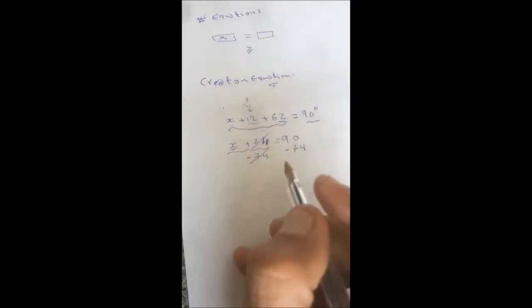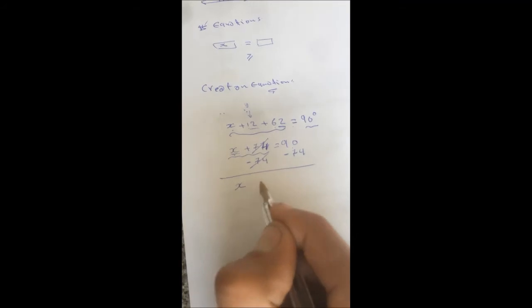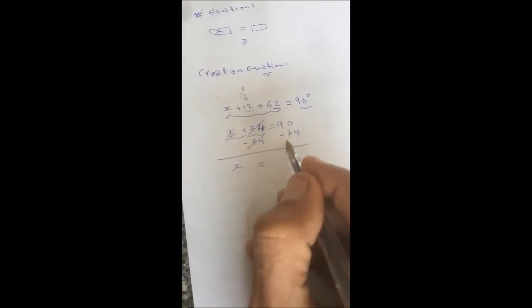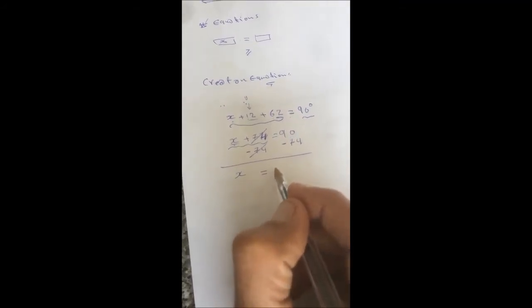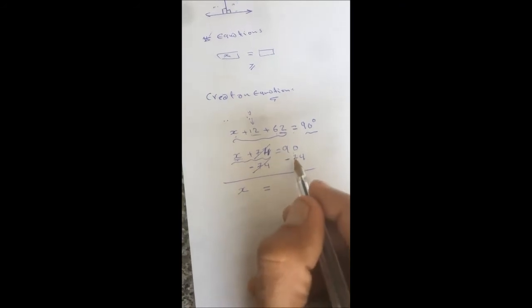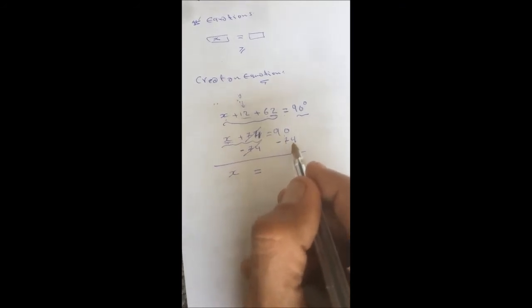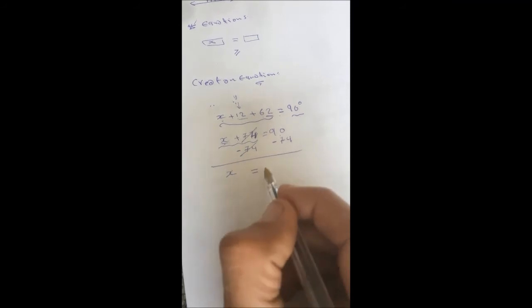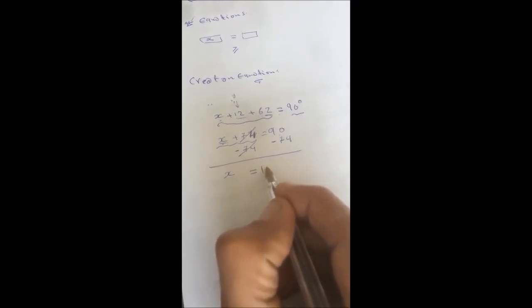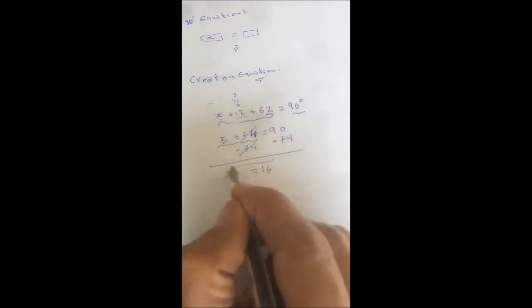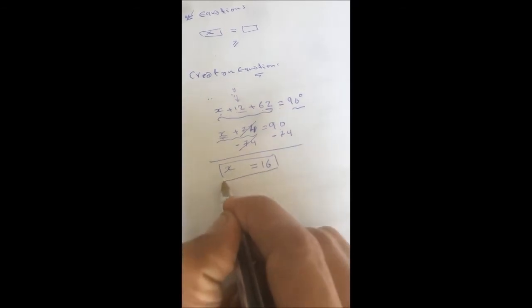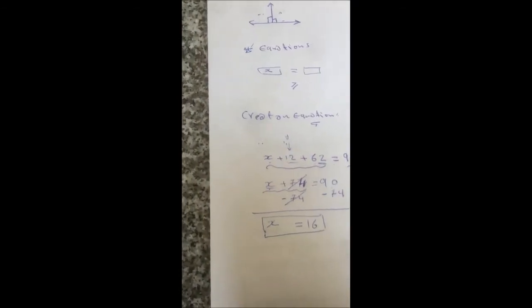So this cancels this, the value of x stays as it is, equal to this, and this is 90 minus 74, which is 16. Okay, this is the value of x.